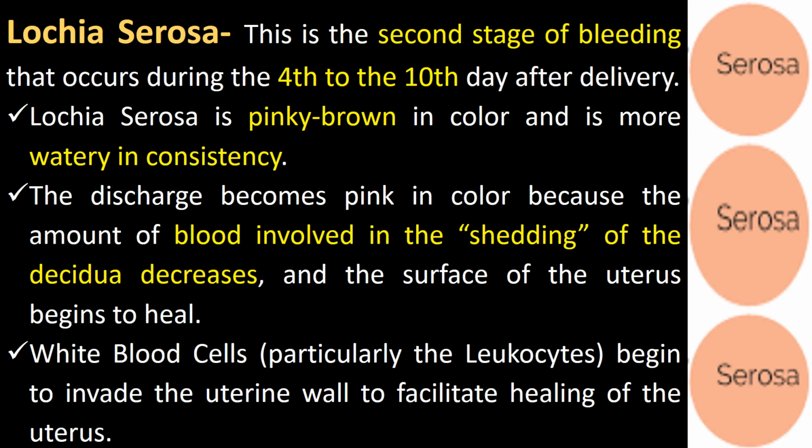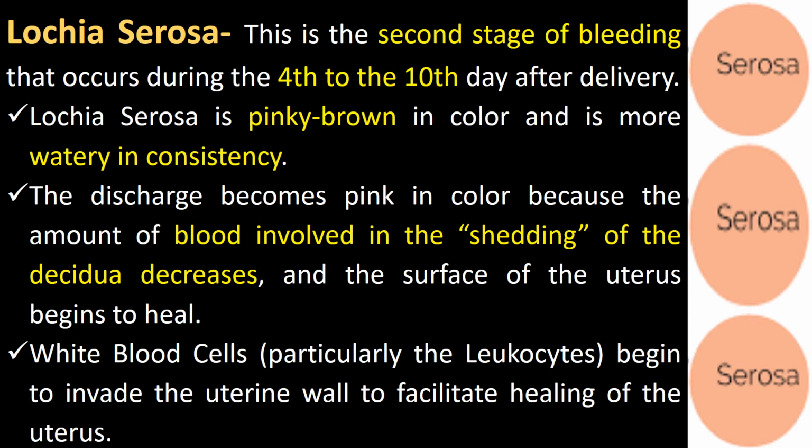The next type of lochia is what we call Lochia serosa. This is the second stage of bleeding that occurs during the 4th to the 10th day after delivery. Lochia serosa is usually pinky brown in color and is more watery in consistency.